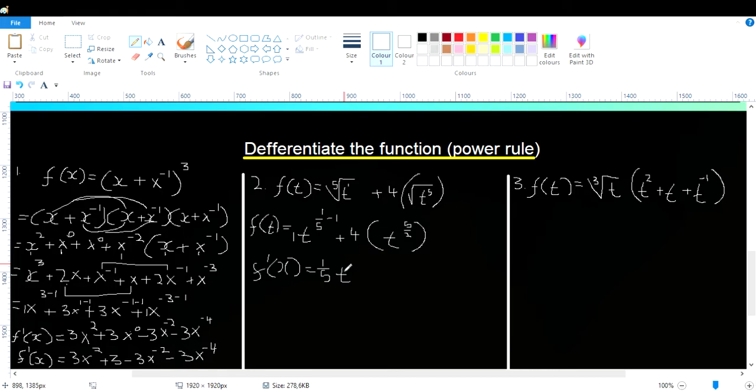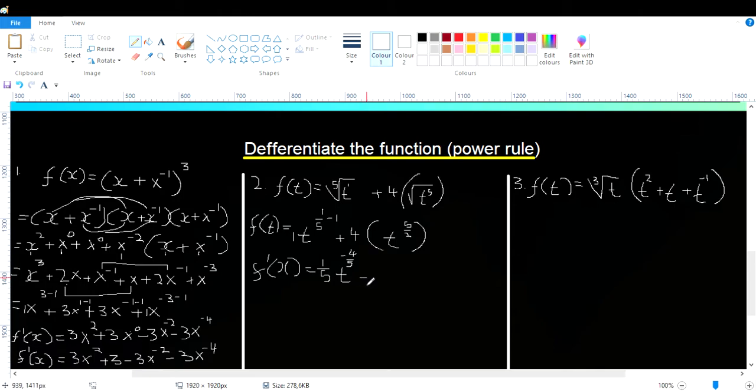So 1 over 5 minus 1, answer is equal to minus 4 over 5.